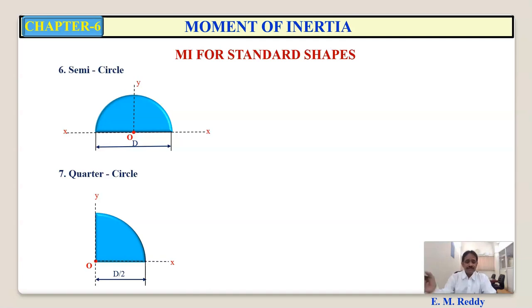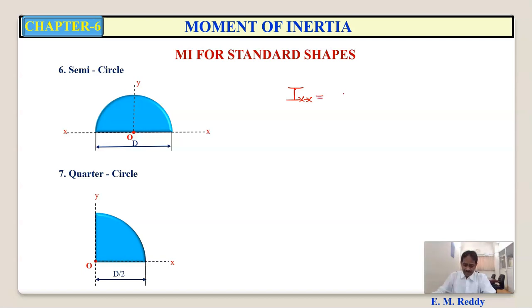Now, semicircle. For a semicircle, the moment of inertia about the base of the semicircle, that is about the x-axis over here. Remember, this x-axis is not the centroidal x-axis. It is along the base of the semicircle. Right?